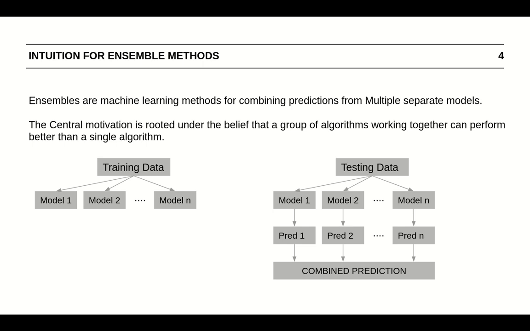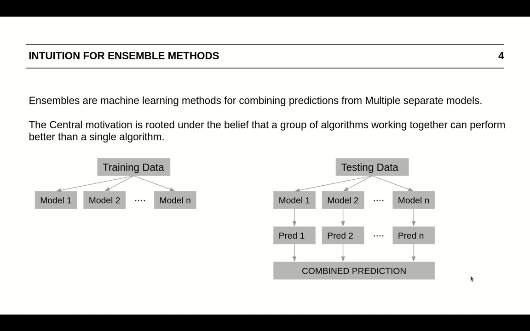Now, usually, all the models would belong to a particular family of models, but they don't have to. The usual way these are developed is we take multiple machine learning models and train them on the same data that we have, and once these models are trained, we pass our testing data to each of them, take predictions from each, and combine these predictions to get an output.